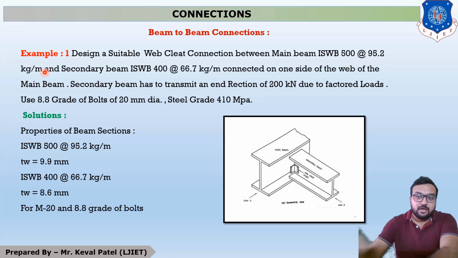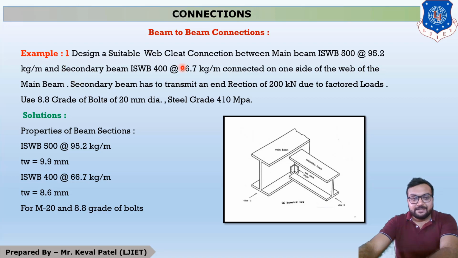It means our main beam section ISWB 500 has a self weight of 95.2 kg per meter, and secondary beam ISWB 400 at 66.7 kg per meter is connected on one side of the web of the main beam.